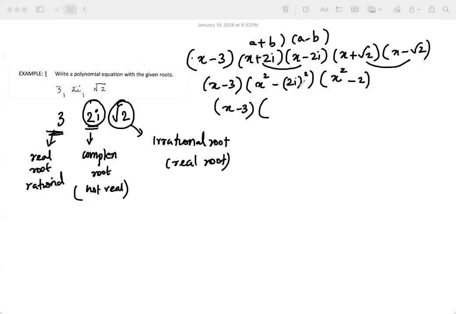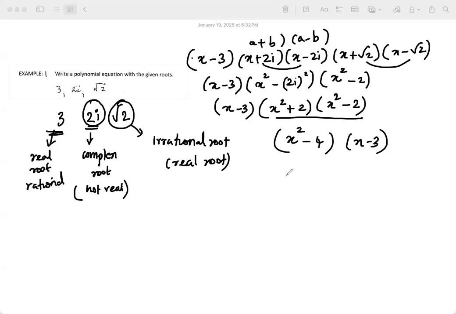The thing about this is i square is minus 1, right? x square plus 2. Then x square minus 2. When you look at this, this is again a plus b, a minus b. So you can write it out as a square minus b square and then an x minus 3. So x to the power of 5 minus 4x minus 3x square plus 12. This is what I am getting, guys.